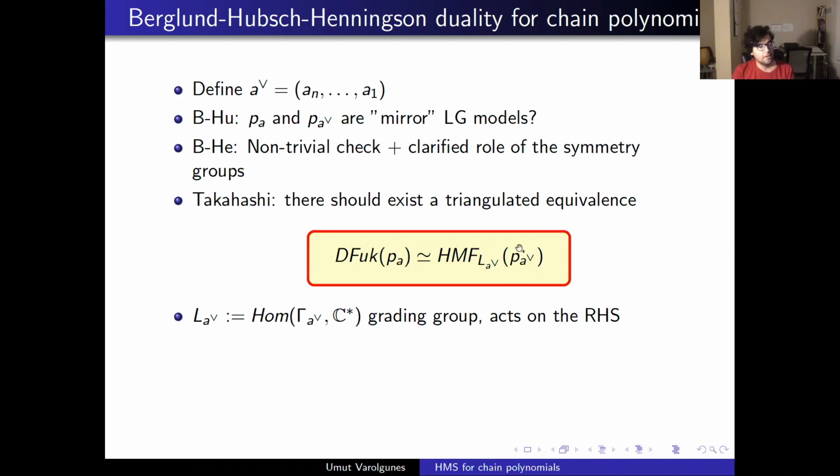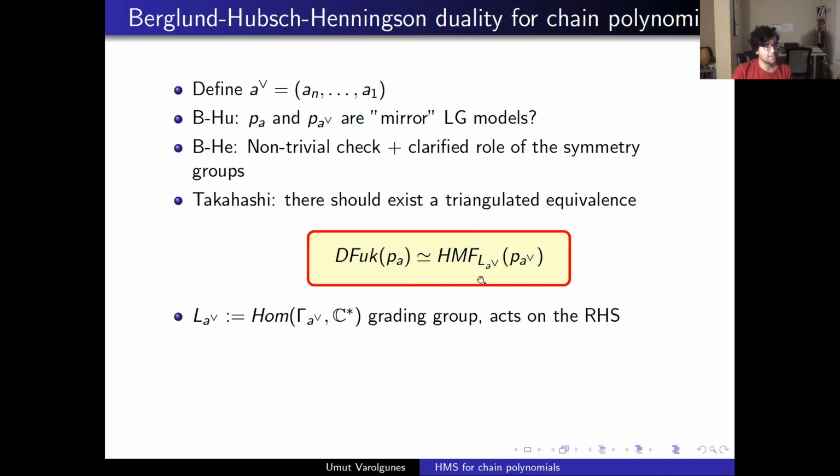So I have some module over the polynomial ring, and this module is Z mod 2 graded, and it's equipped with a module map, but this module map does not square to 0, it squares to this polynomial. And there's also this grading group acting on it.